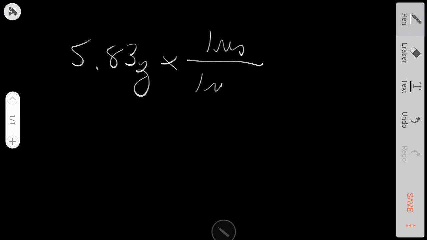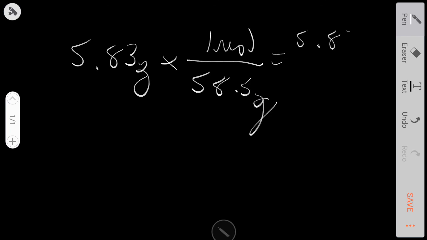But I don't have moles. I have grams, so I need to convert grams to moles. I have 5.83 grams times, in 1 mole, I have 58.5 grams.